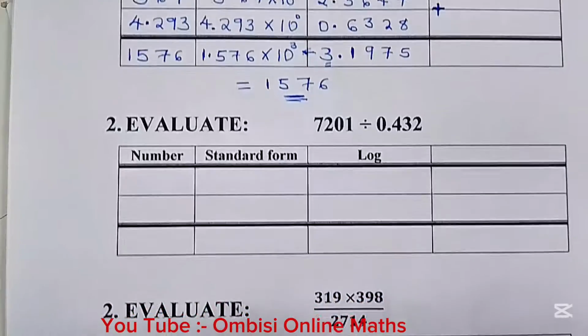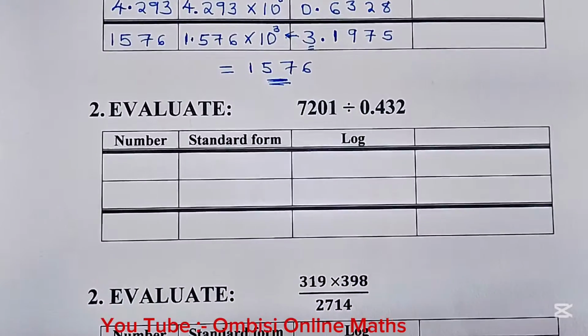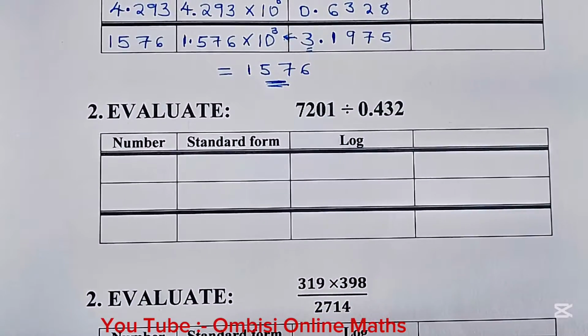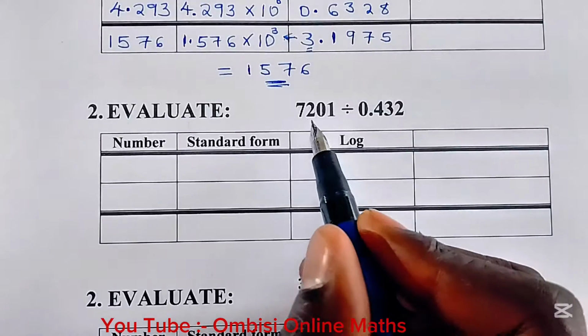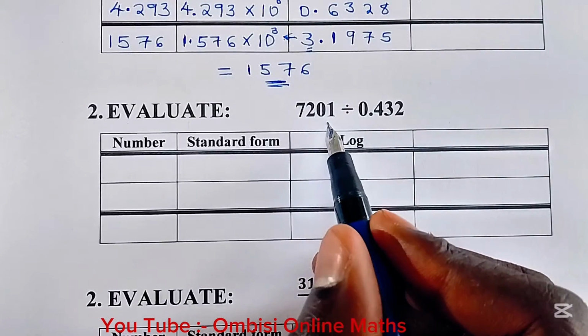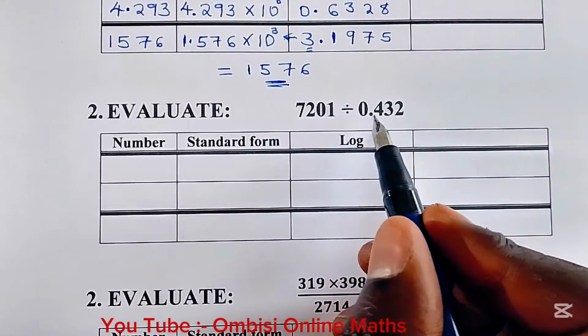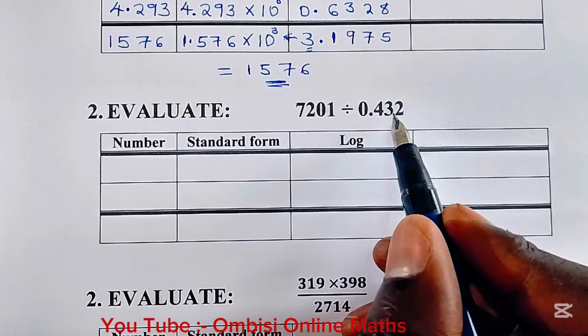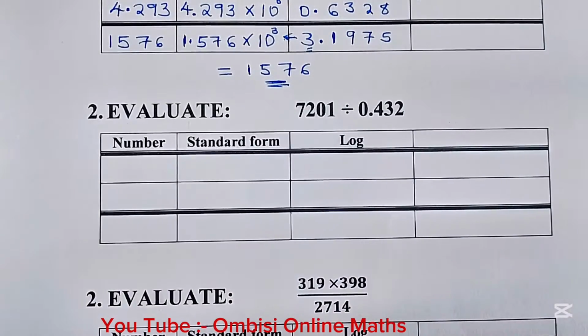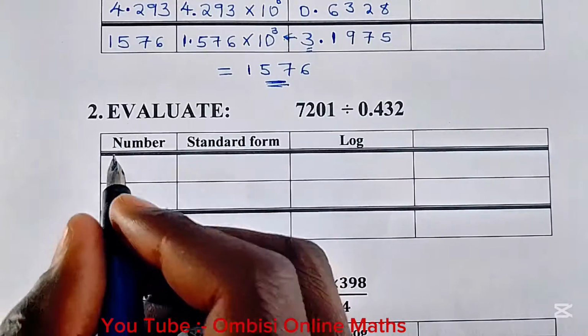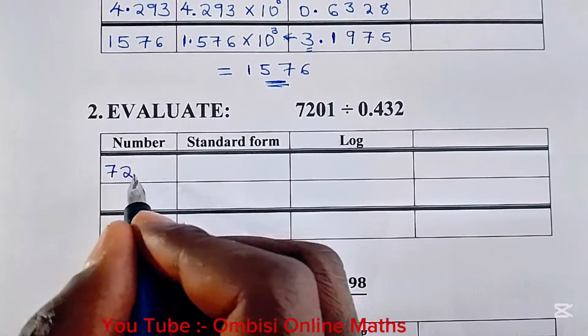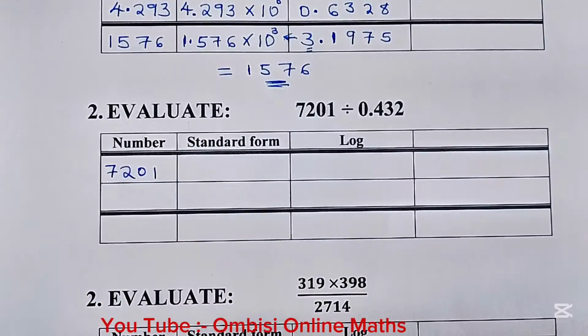Now we go ahead and look at a second scenario. In the second scenario, we are supposed to evaluate 7201 divided by 0.432. Now in this case, our main number is 7201.